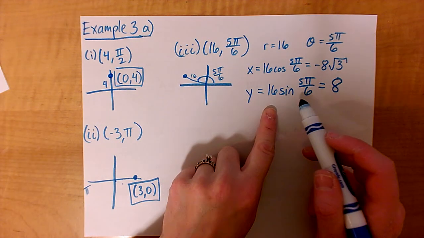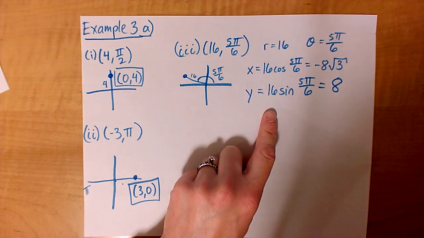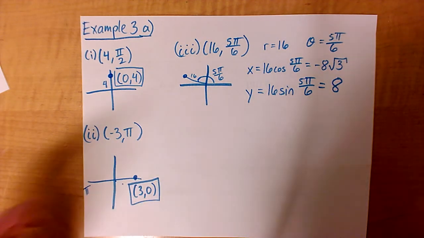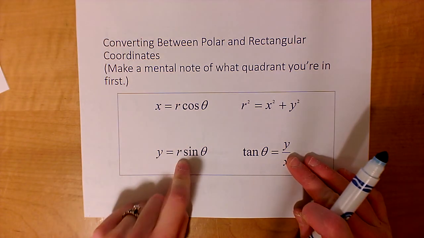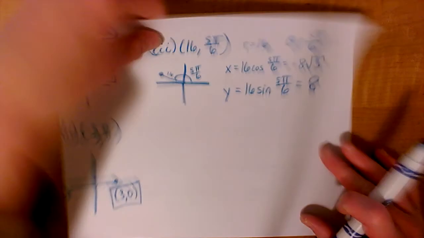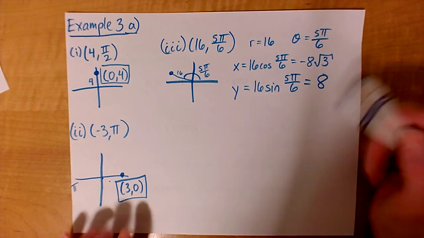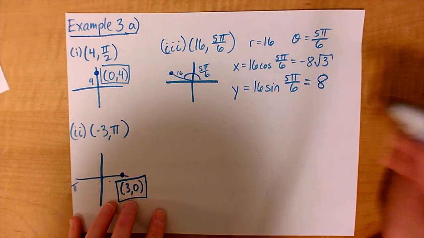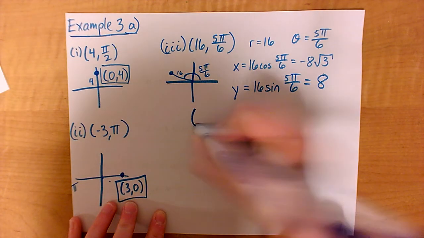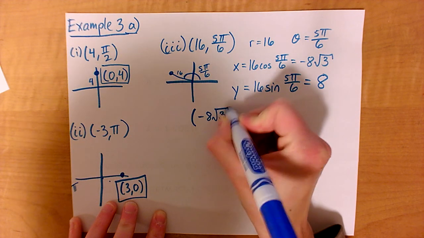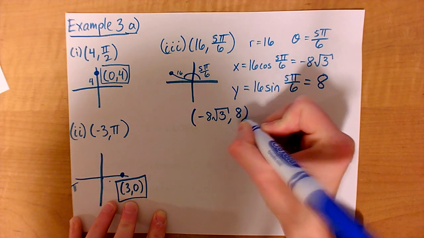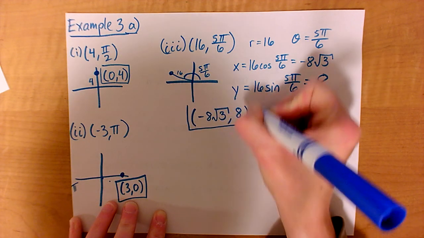Okay, and where am I getting these relationships from? Just from what we were talking about a few minutes ago. It's actually on the other side of this paper. X is r cosine theta, and y is r sine theta. That's where I'm getting those formulas from. So I have my x and y coordinates, and the rectangular coordinates of this are going to be negative 8 root 3 comma 8.